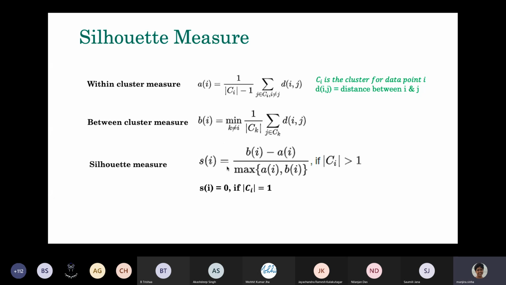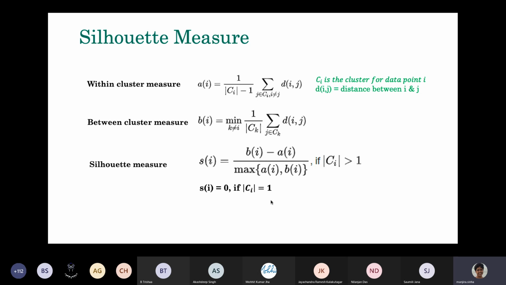So my silhouette measure Si is defined as Bi minus Ai, divided by the maximum of Ai and Bi. And the condition is if the size of Ci is greater than 1. Because if the size of Ci is equal to 1, that means I have only one data point i in Ci.